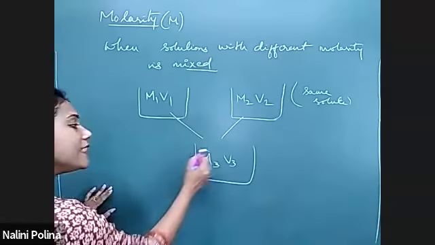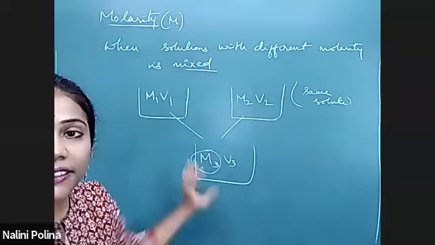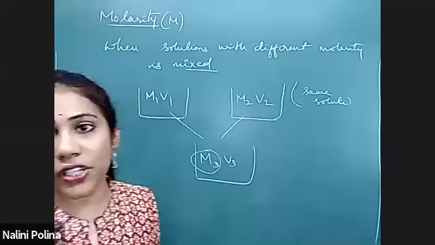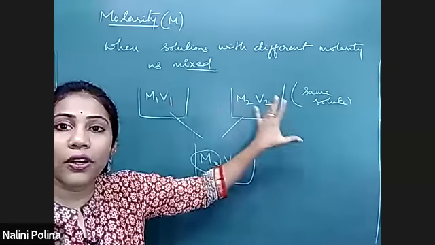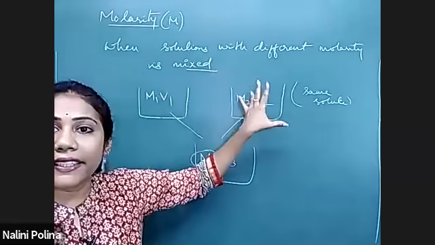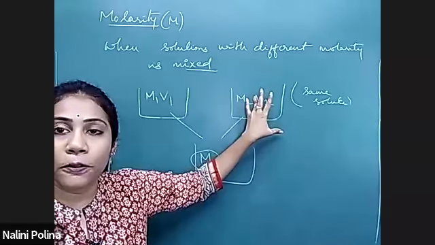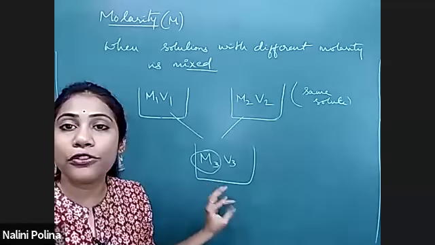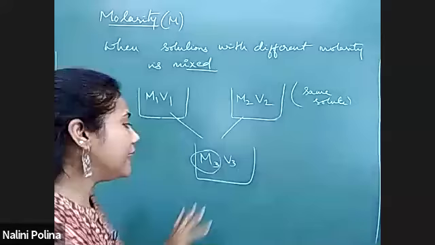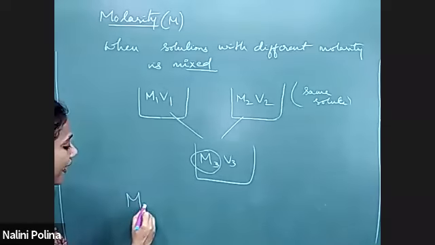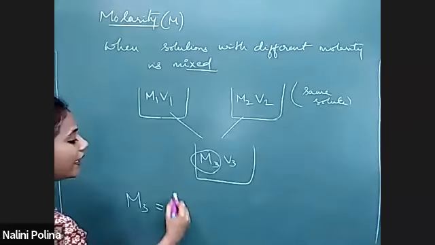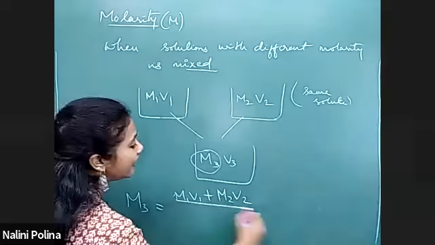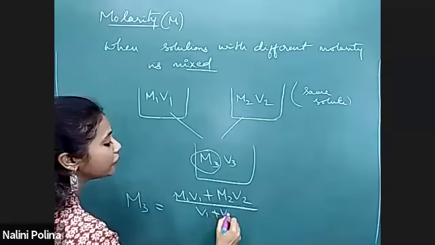Then if you want to find out the third solution's molarity, they ask that in the question. So two solutions, each has a particular molarity and volume. If you mix the two, you get a third solution, and the third solution's molarity they'll ask you. Then you can always find M3 is equal to M1 V1 plus M2 V2 divided by V1 plus V2.